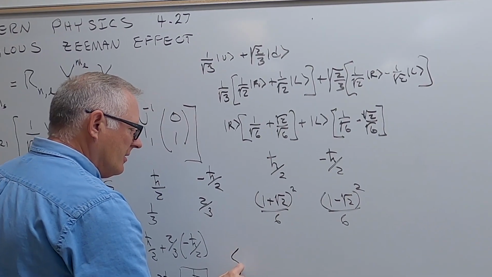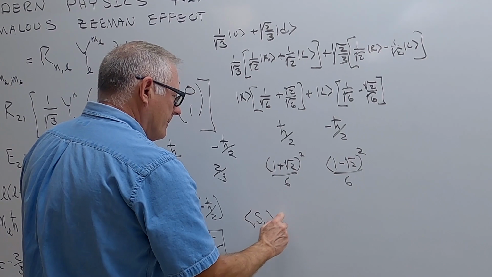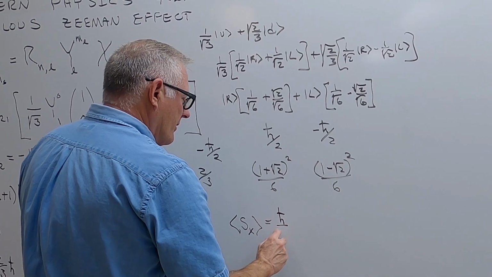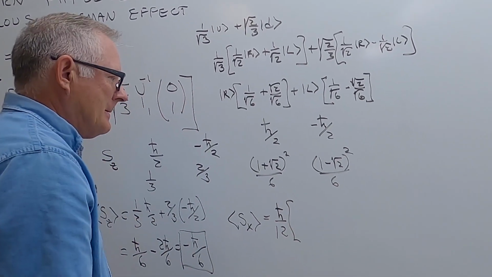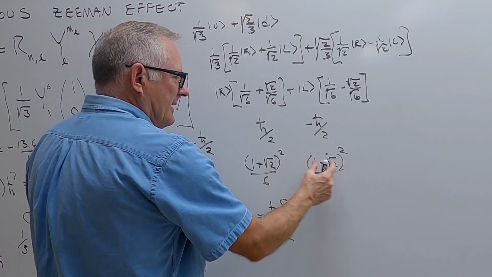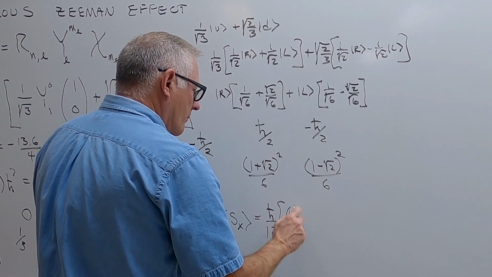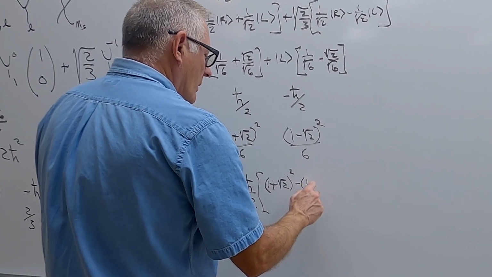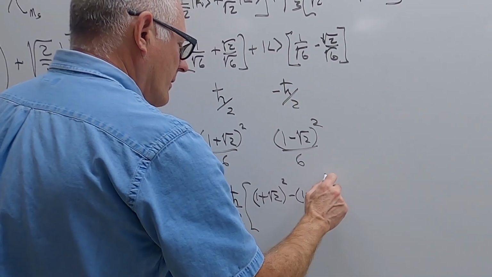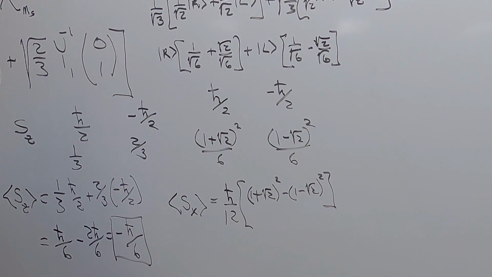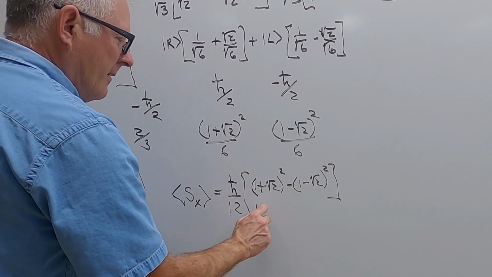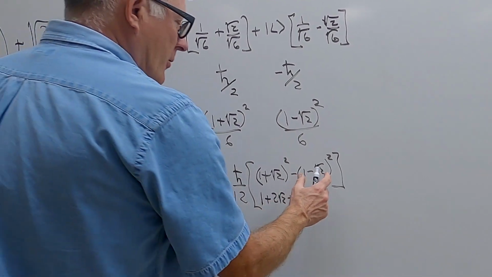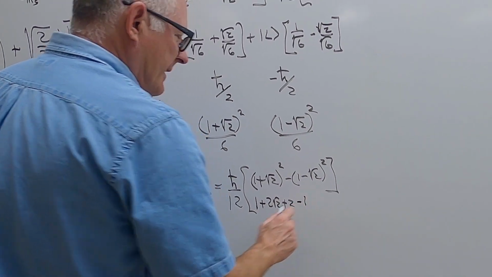So the average of Sx, I can pull out the h bar over 12, and then we would just get this minus that. So we would have 1 plus the square root of 2 squared minus 1 minus the square root of 2 squared. Now this inside would give me 1 plus 2 square root of 2 plus 2. And then over here, this would give me minus 1.